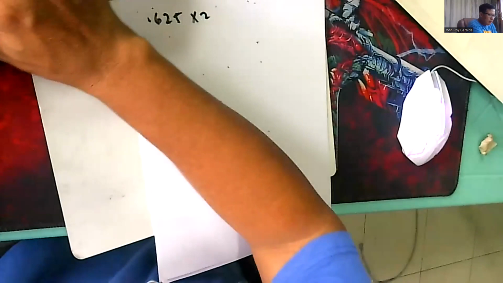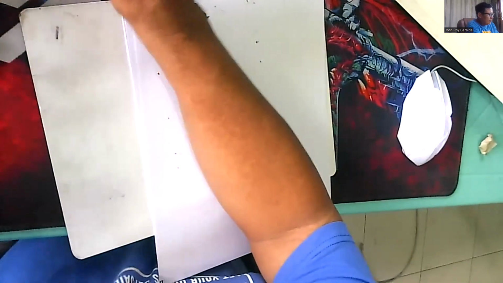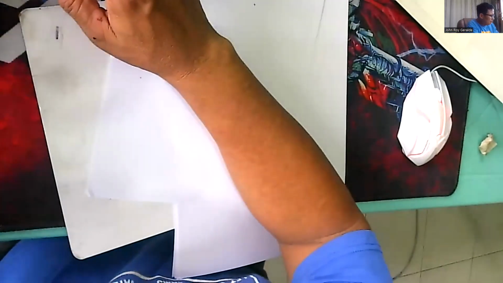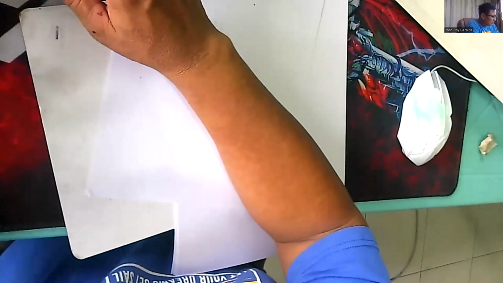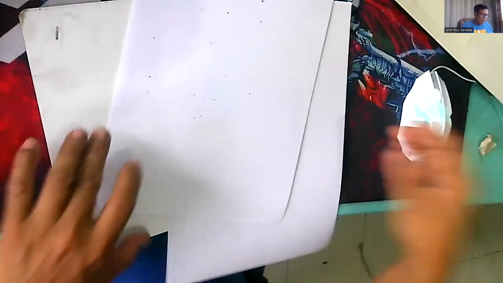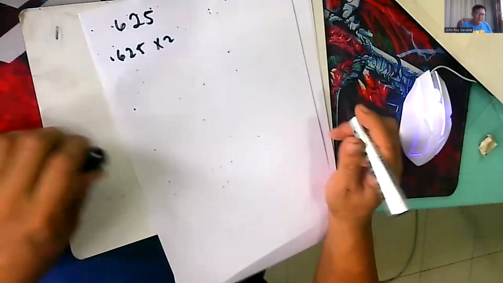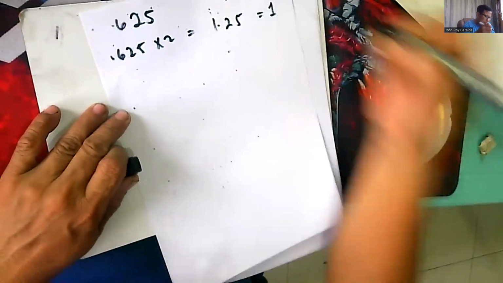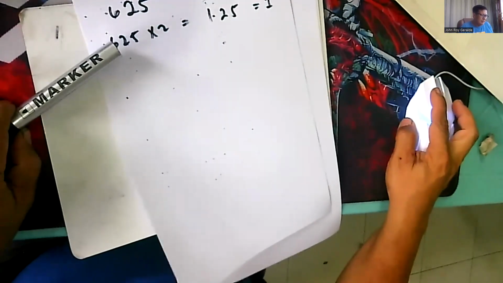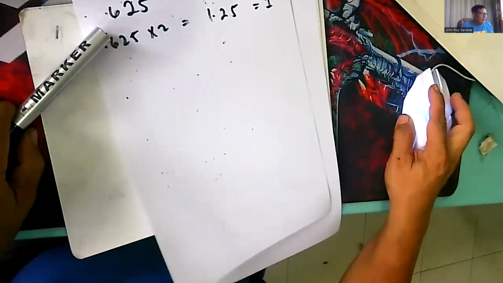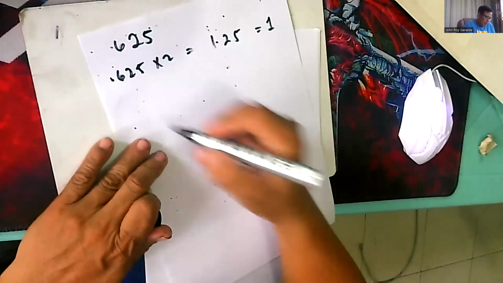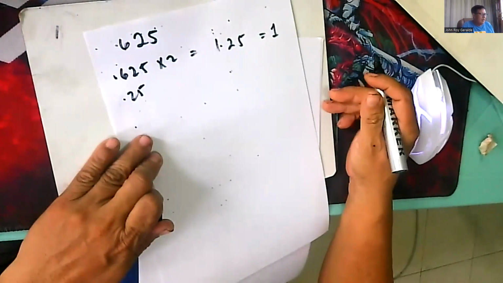I'll use my Excel now. 0.625 times 2 is 1.25. We keep the integer part. Is that right? Yes. We get and store the integer part, then get the fractional part. The fractional part is 25, so we have 0.25. We continue until it becomes a 0.